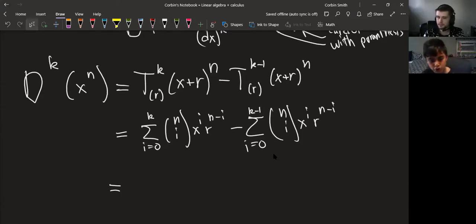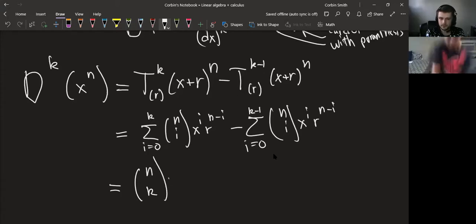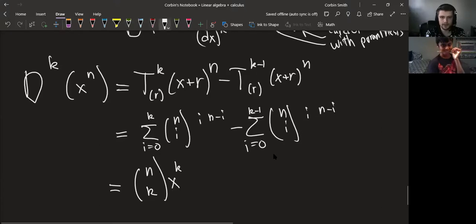It's equal to n choose k times x to the k times r to the n minus... I actually lied. This thing needs to be written with r fixed, right? So it should be rx this way.